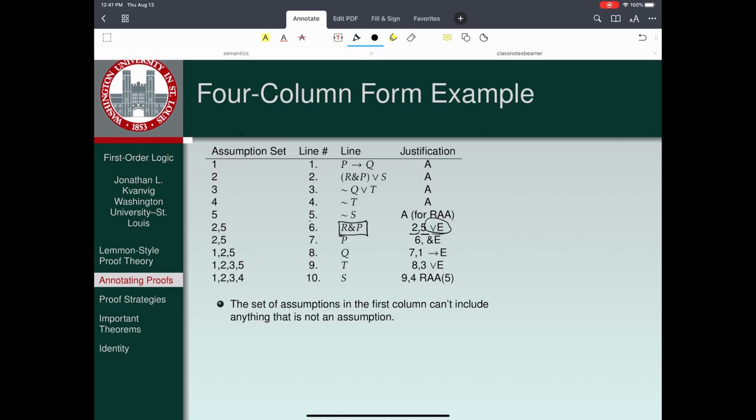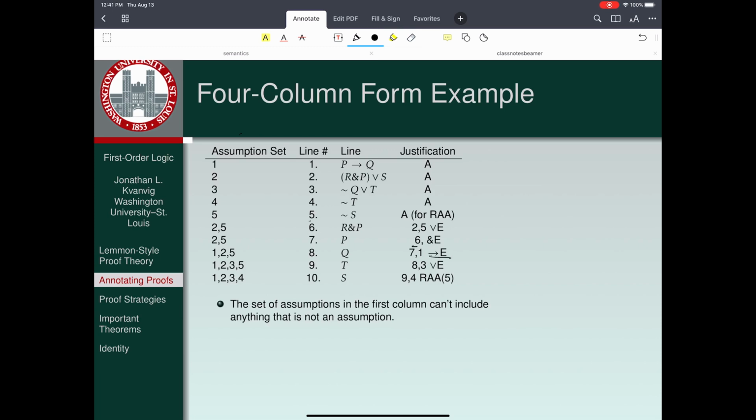Then I do ampersand elimination at the next line. From line 6, the annotation again follows the rule form that we're allowed to use, one of the 2. And then I do arrow elimination using line 1 and P from line 7. So 7 and 1 by arrow elimination, or modus ponens, if you prefer to call it that, gives me Q.